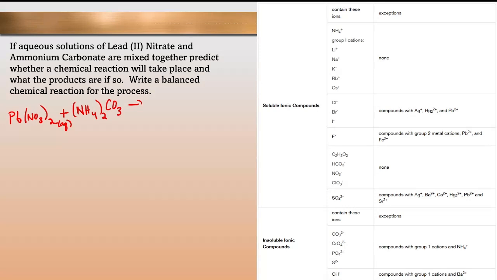Now, we know that in a double replacement reaction, each of these ions is going to try to switch places. So that would lead to the formation, if this happens, of aqueous, lead(II) carbonate specifically, and ammonium nitrate.